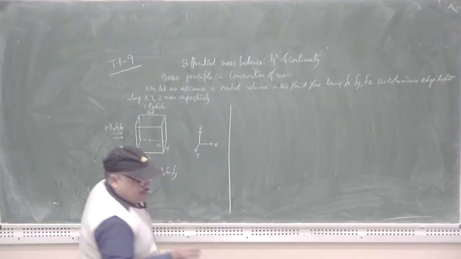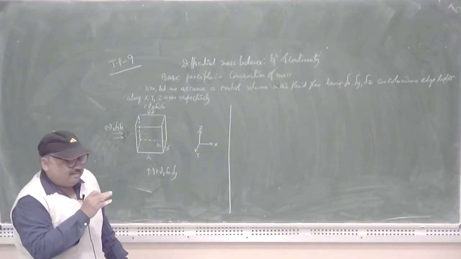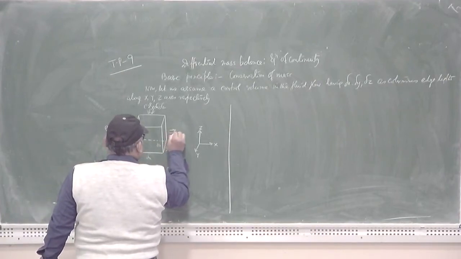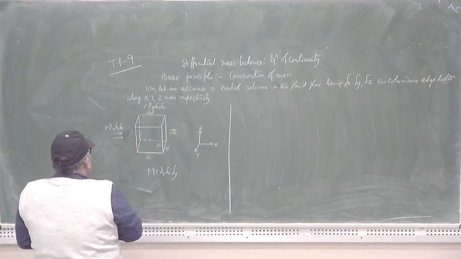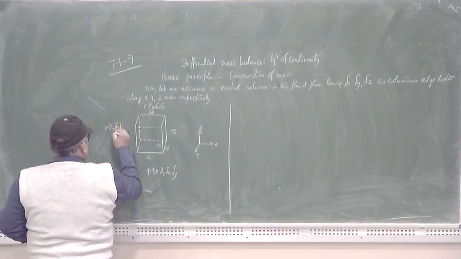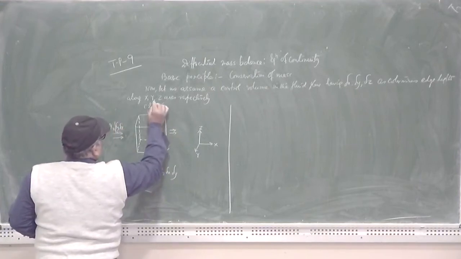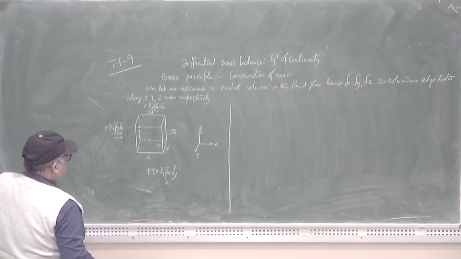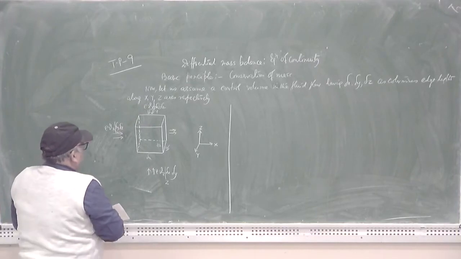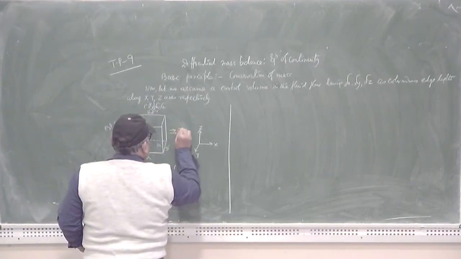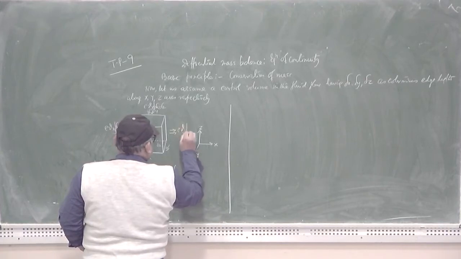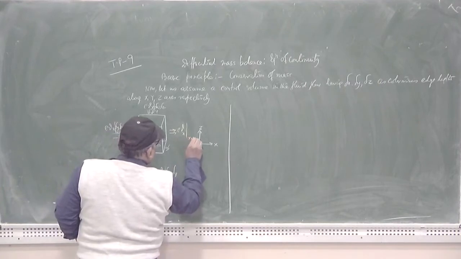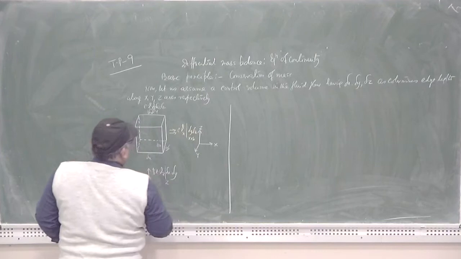Showing the fluid mass leaving the system in some other color, the entering terms are rho Vx evaluated at x, rho Vy evaluated at y, and rho Vz evaluated at z. Similarly, the fluid mass leaving is rho Vx evaluated at x plus delta x, into delta y delta z.